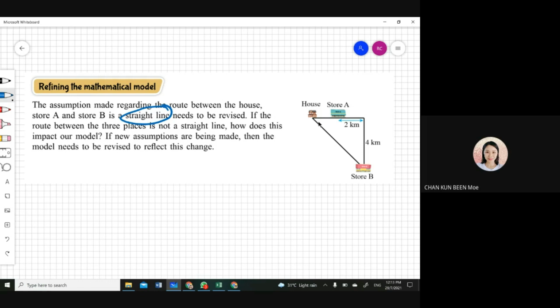So you can see the house, this is store A, 2 kilometer distance, but then you have to turn down here with the distance of 4 kilometer to reach store B. So if new assumptions are being made, then the model needs to be revised to reflect this change. Okay, so this is the example of how to refine the mathematical model.